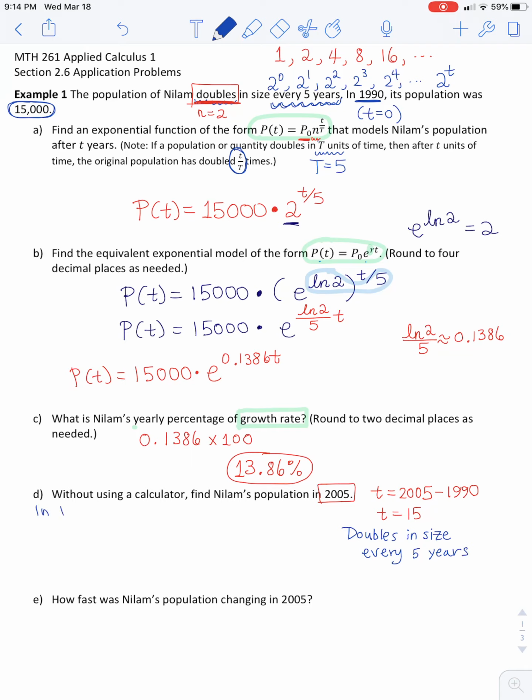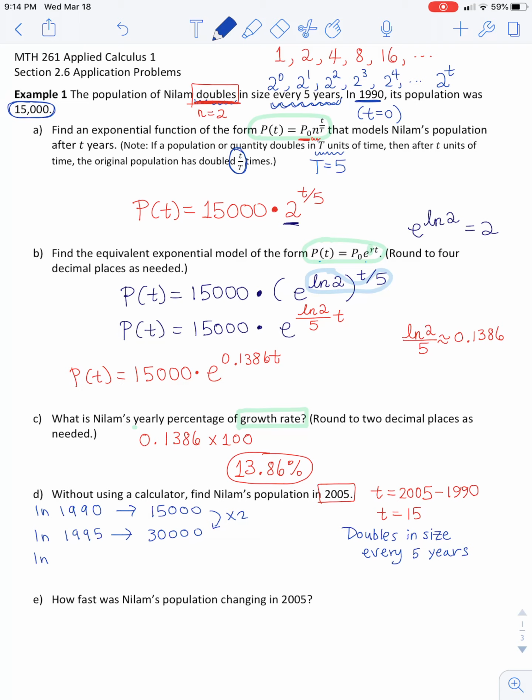So in 1990, there were how many people? 15,000. That was given to us. In 1995, 5 years later, we double this amount. We're gonna have what? 30,000 people, right? Let's keep going.